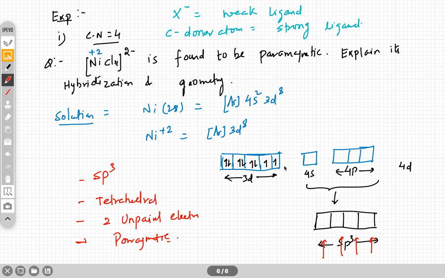Then the hybridization would be dsp2, with square planar geometry. This depends upon the nature of the ligand, whether the ligand is weak or strong. Keep these 2 terms in mind. This helps you a lot in solving this kind of questions.